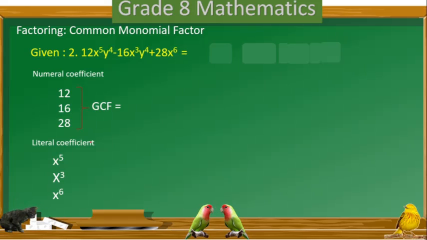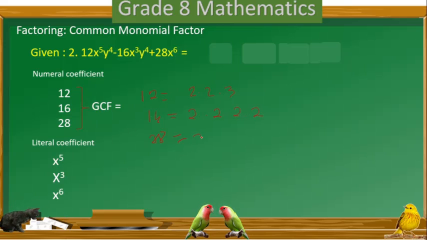Now, let's find the factors of the numerical coefficients. First, we have 12, 16, and 28. For 12, we have 2 times 2 times 3. For 16, we have 2 times 2 times 2 times 2.